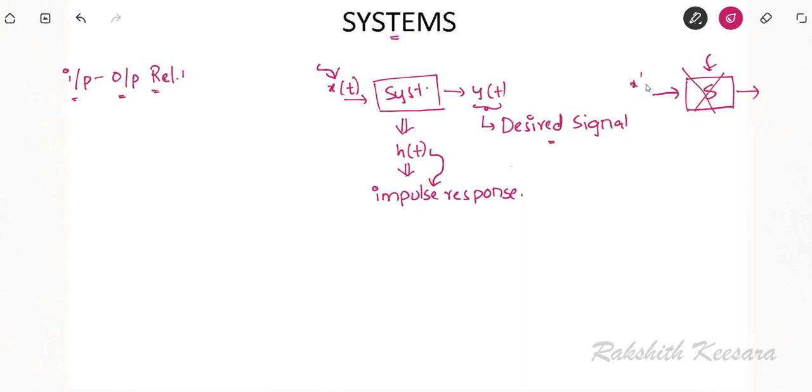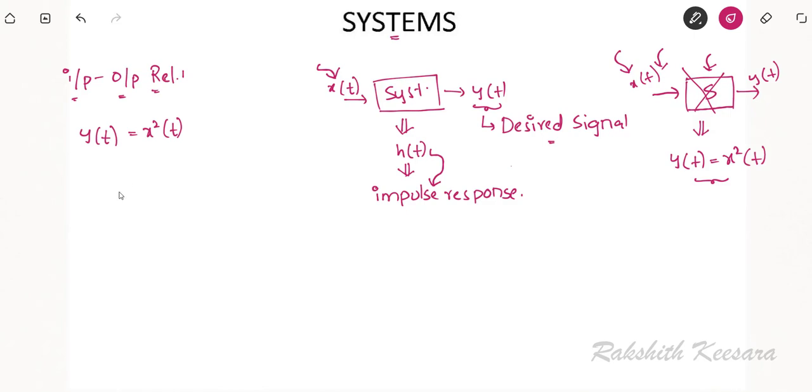That is, if the input is x of t and output is y of t, if I represent my system as y of t is equal to x square of t, this indicates that whatever be the input, system is squaring the input. So, I am not interested in the components of system or how the process is happening or anything. I am only interested what is the output for corresponding input. This is called as input-output relationship.